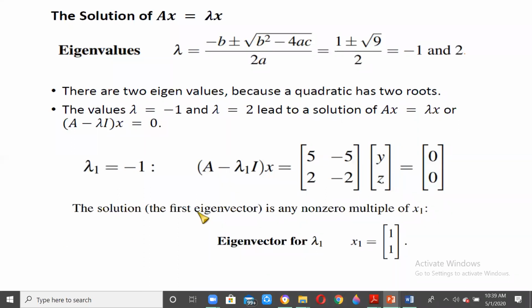Okay, the solution for this will be 1, 1. Again, the procedure to be followed is just the same. You need to do the Gauss elimination. That's the best way to do it. Straight away from this also, by looking, if you multiply 1 with 5 and 1 with -5, you are going to get a 0, and that is true here. 2 into 1 minus 2 into 1 will be equal to 0 here.